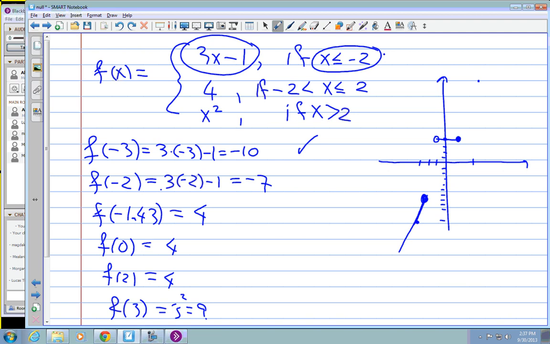That's negative 1.43. So then you have a constant between negative 2 and positive 2. And what happens after positive 2? What is it going to turn into? When x passes that threshold of 2, what is your function?